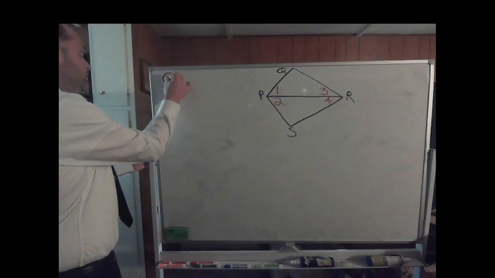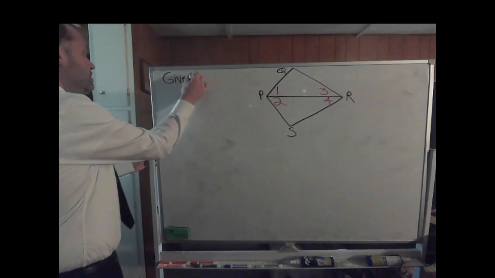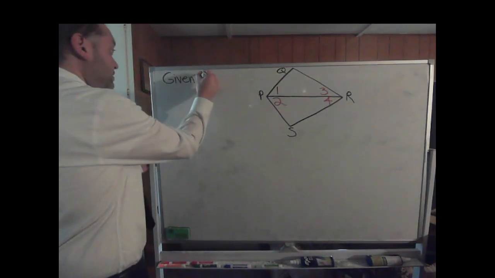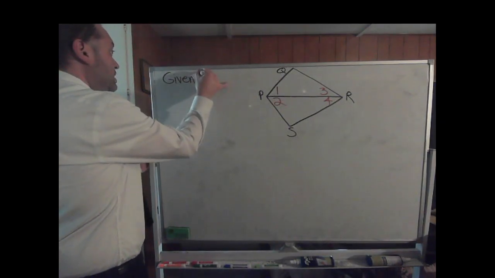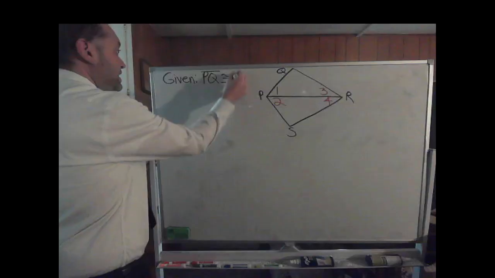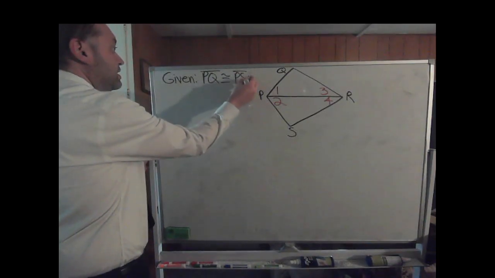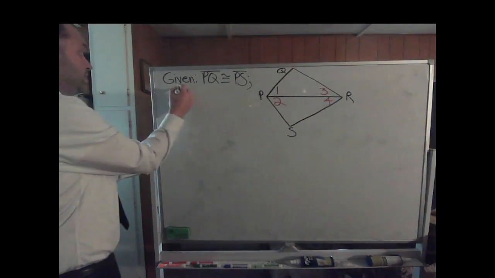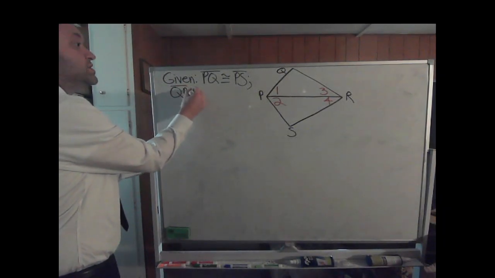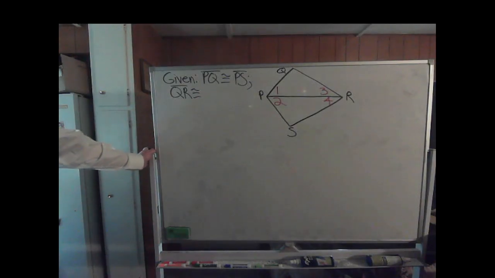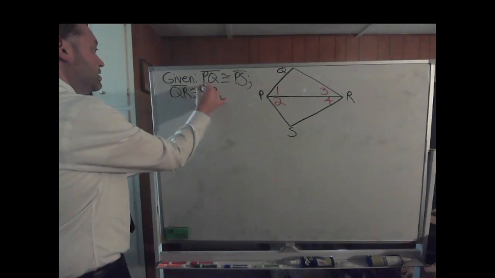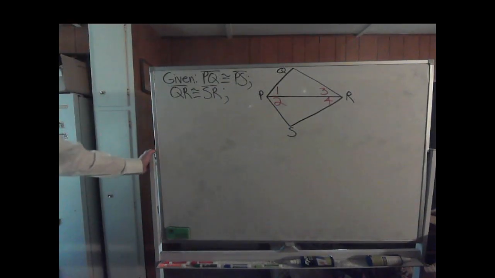We have been given that PQ is congruent to PS. We've also been given that QR is congruent to SR. So QR is congruent to SR. There's more we're given.